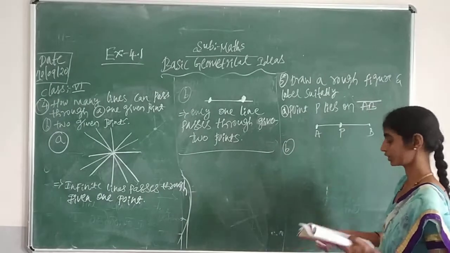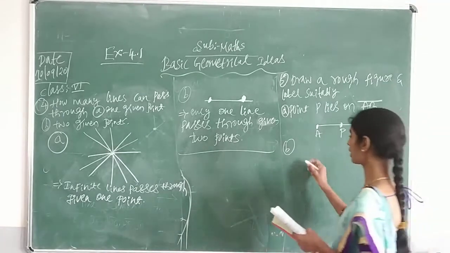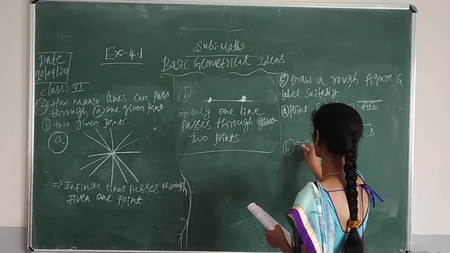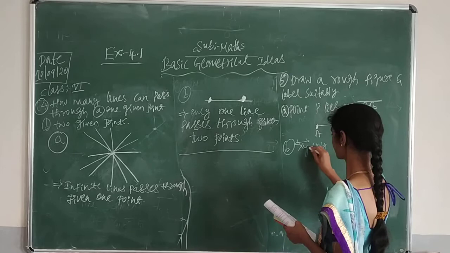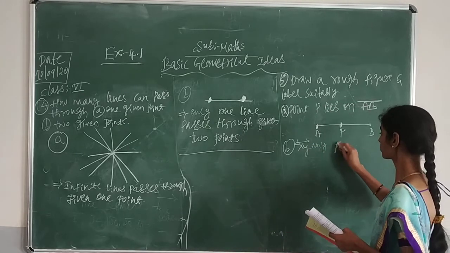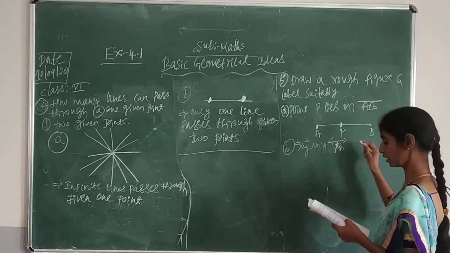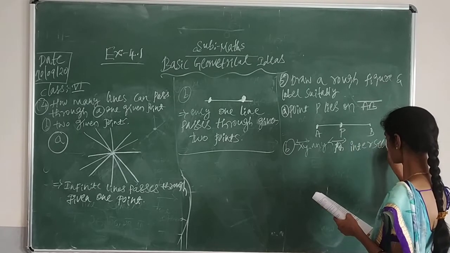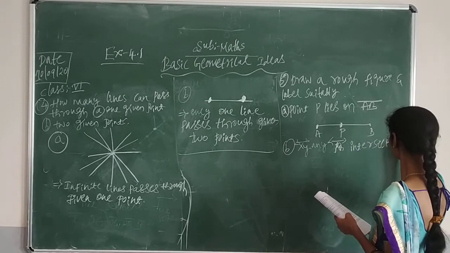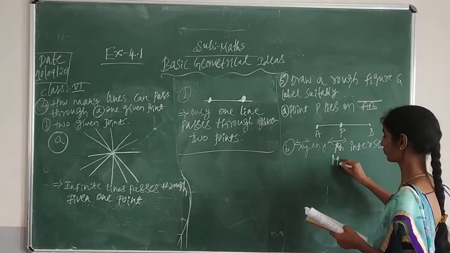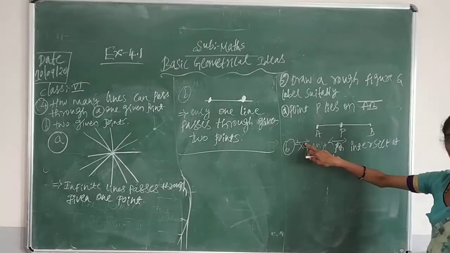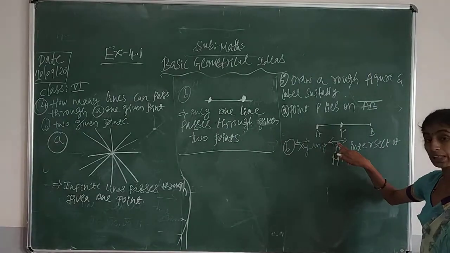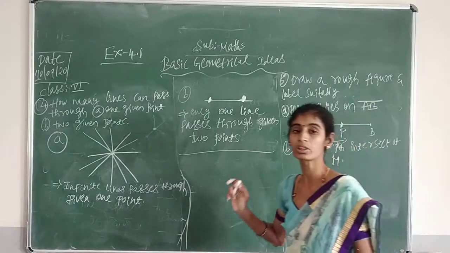Now in this B question, line XY and line PQ intersect at M. So now you can see the symbols here. It is a symbol of line, not a line segment.